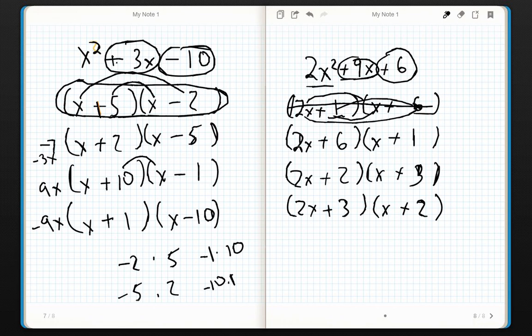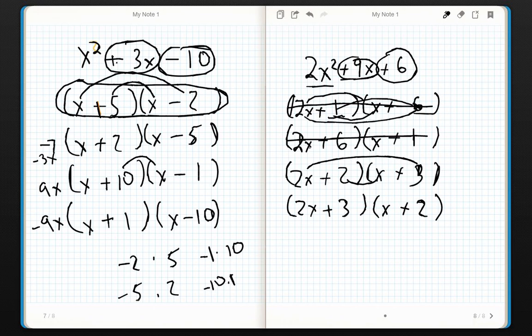Now this one, 2x times 1 is 2x. 2x plus 6x is 8x. Oh, close, but no cigar. Not it. Now 2x times 3 is 6x, and 2 times x is 2x.